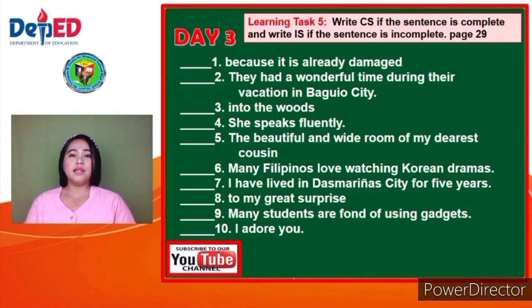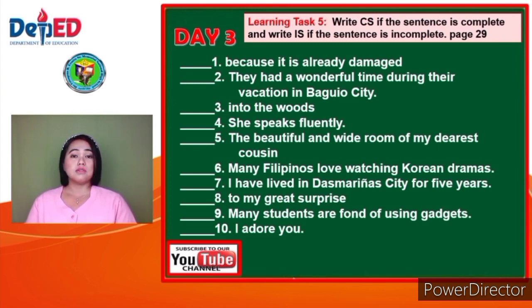Day 3. Learning Task 5. Write CS if the sentence is complete and write IS if the sentence is incomplete on page 29. Number 1. Because it is already damaged. Number 2. They had a wonderful time during their vacation in Baguio City. Number 3. Into the woods.